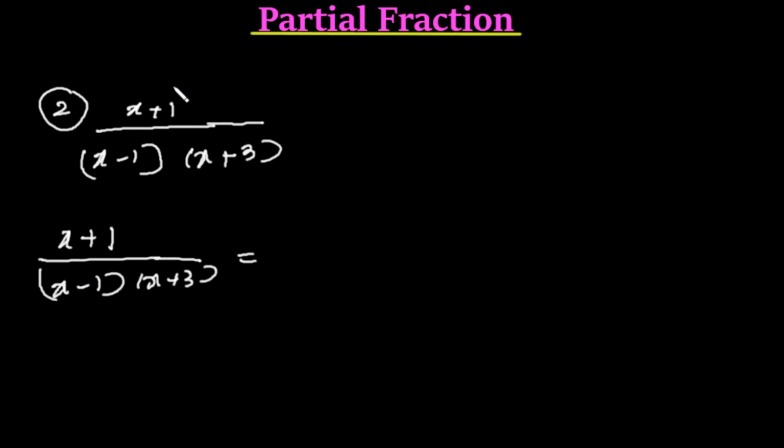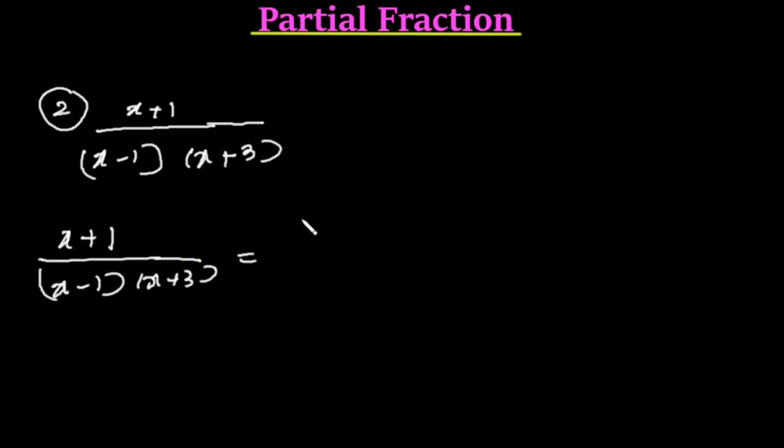You can see the previous example had a constant here, but now we have a linear function. If you have a linear or quadratic or any function, but if you have more power in the denominator, you need to use this method.